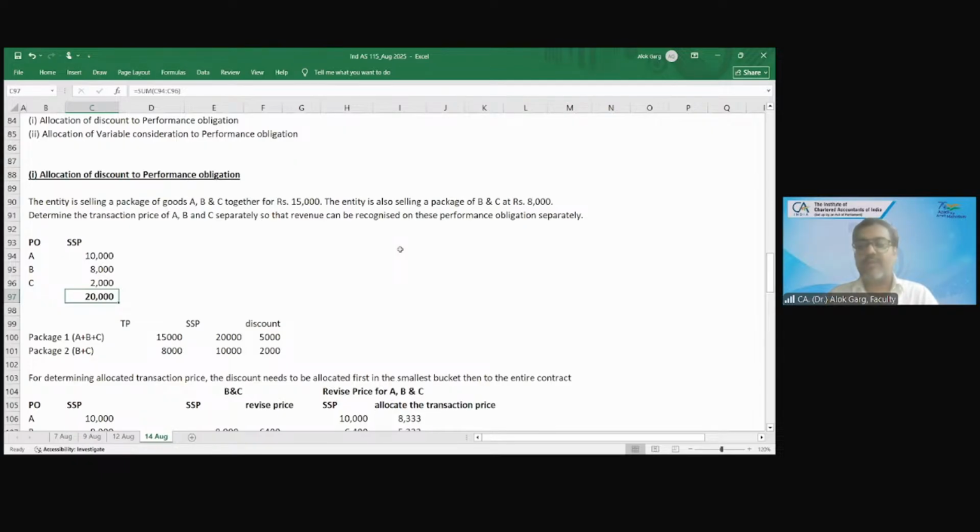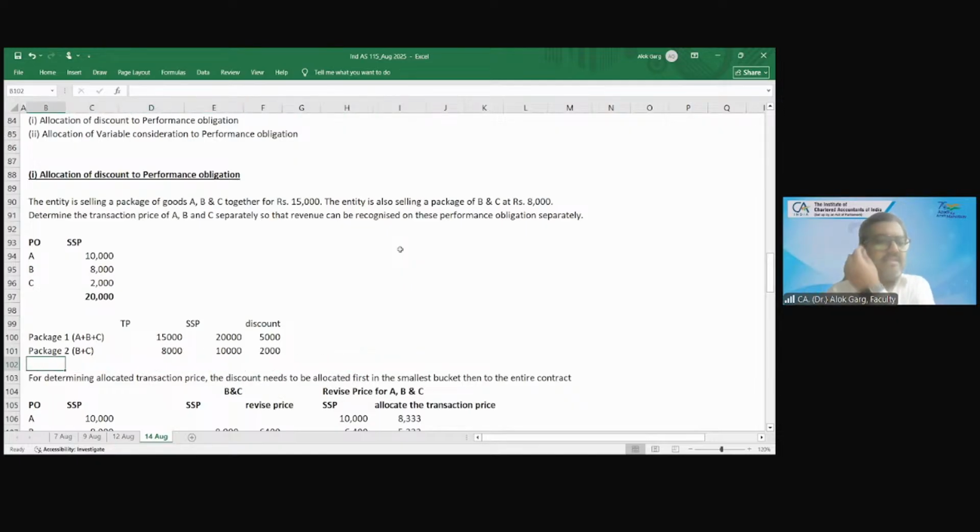B and C is also a smaller package within this A, B, and C. So friends, the standard says that whenever there are multiple packages involved, then while allocating a discount to arrive at the final standalone selling price, you need to apply a bottom-up approach. What is a bottom-up approach? From down to the top.